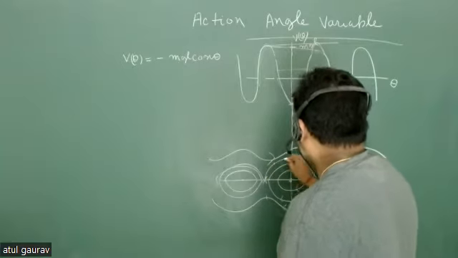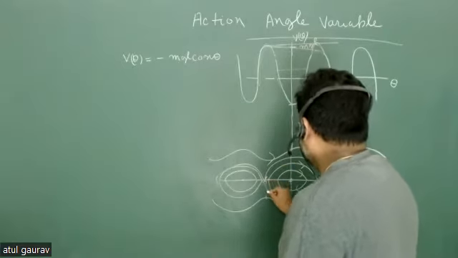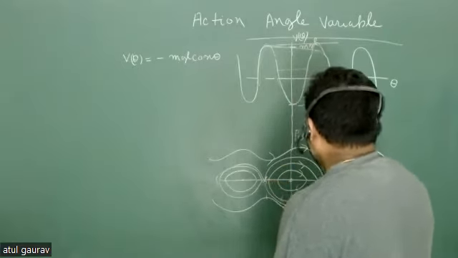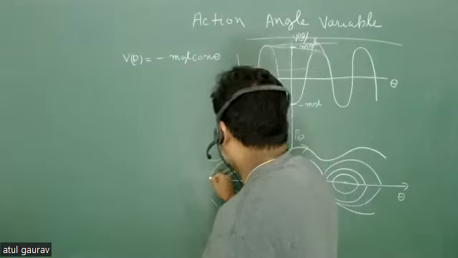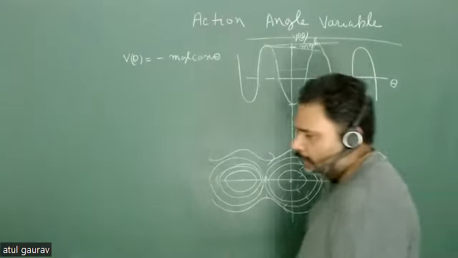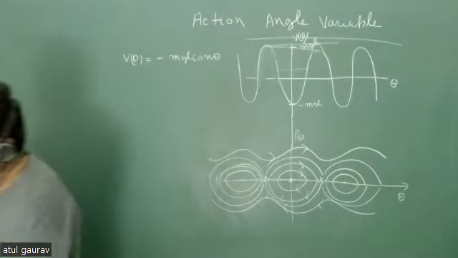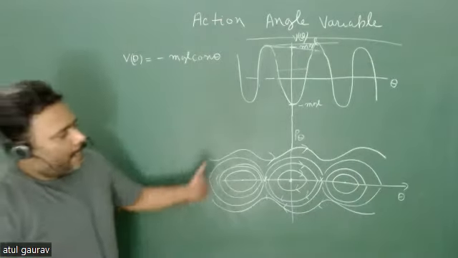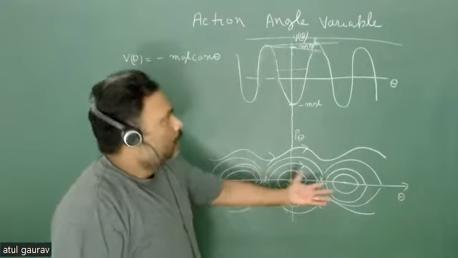This is your separatrix. So now you can see we have bounded motion as well as unbounded motion in a simple pendulum.